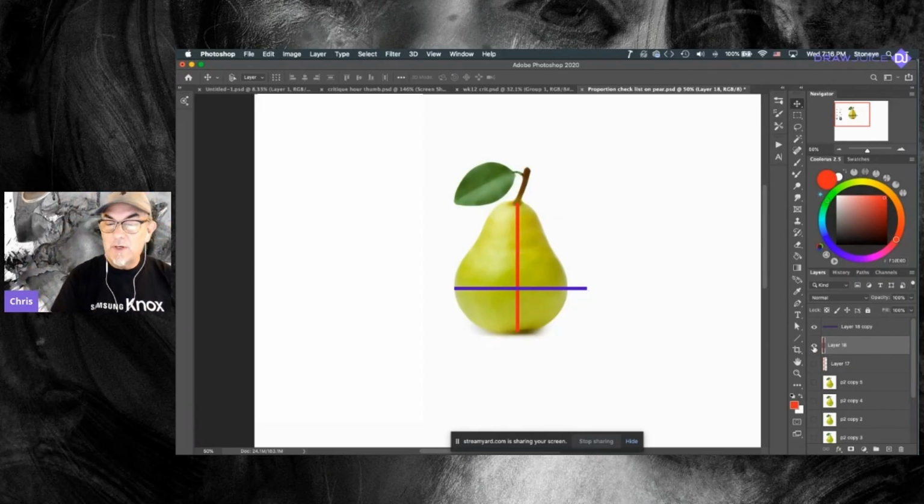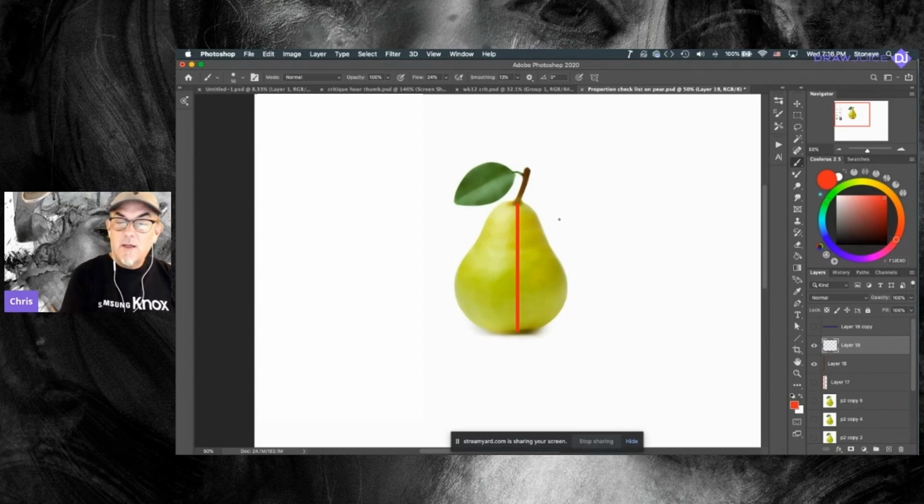So what else could we do here? Let's say we want to kind of know this part of the pear right here. There seems to be a skinny part of the pear, and then you've got a kind of a rounder, wider part. Okay, well, where's that? Well, maybe that's a third.